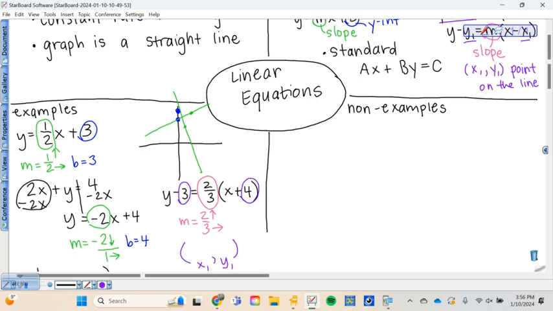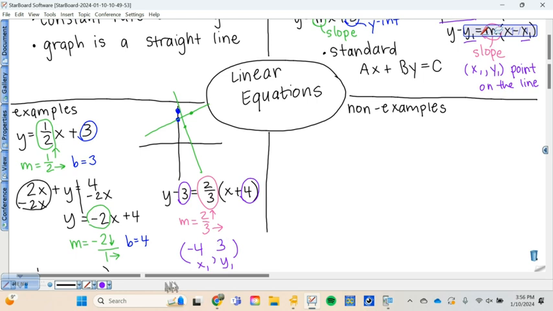I agree with you, y1 is 3, but I don't agree with you that x1 is 4. It's negative 4. So it's always the opposite sign of what you see in the equation. This looks like a positive 4 in the equation, so the x-coordinate is negative. The 3 looks negative in the equation, so the coordinate is positive.